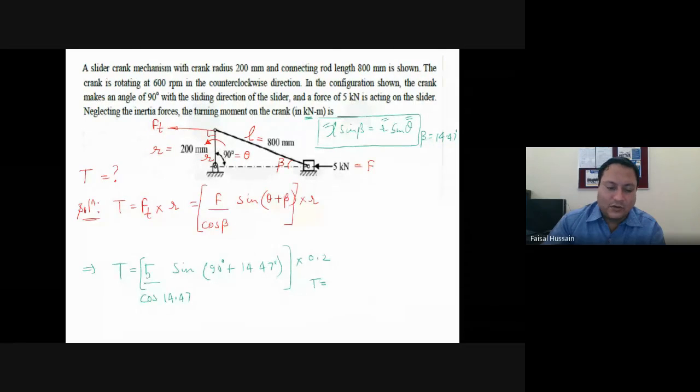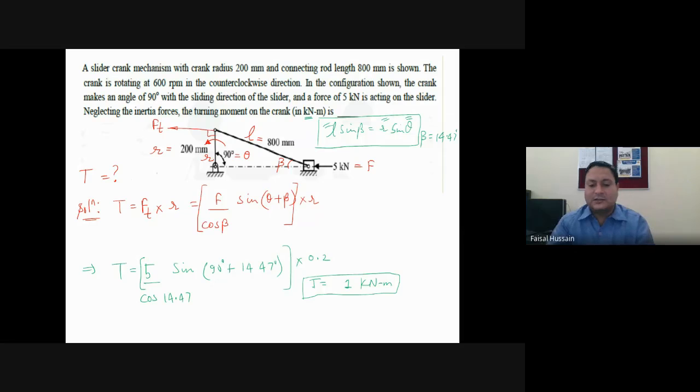Okay, from here you will get torque 1 kilonewton meter. This is your answer.